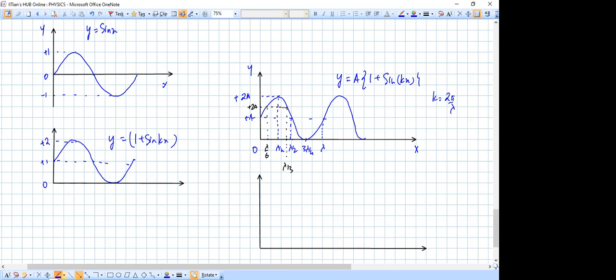So the whole graph is shifted back by lambda by 3. Okay.